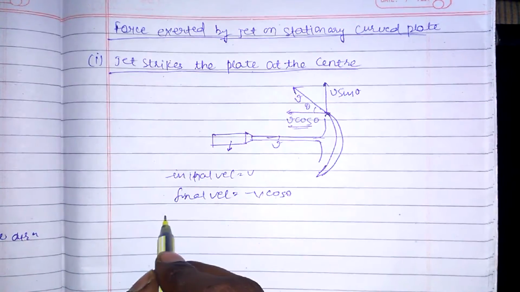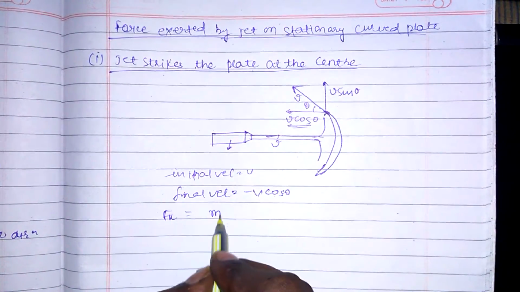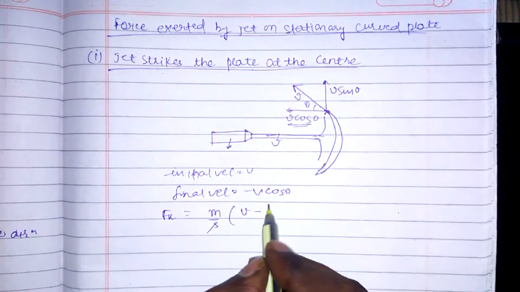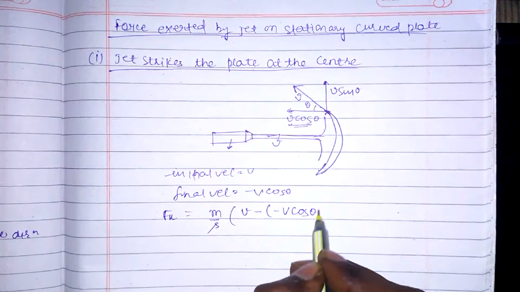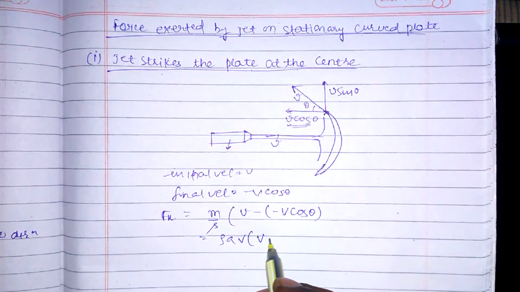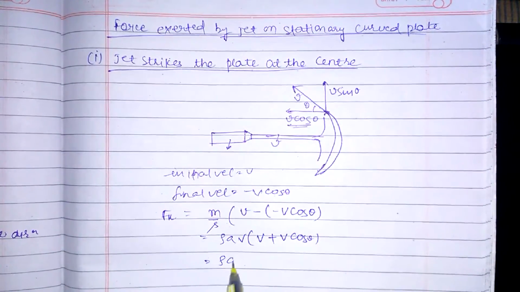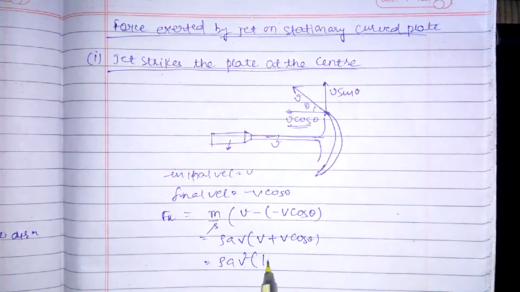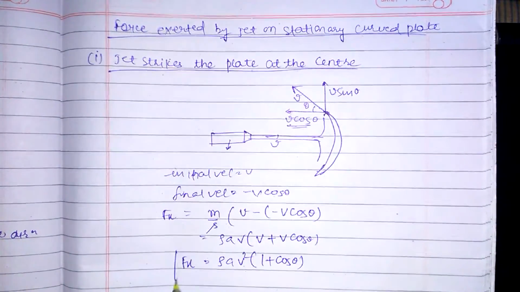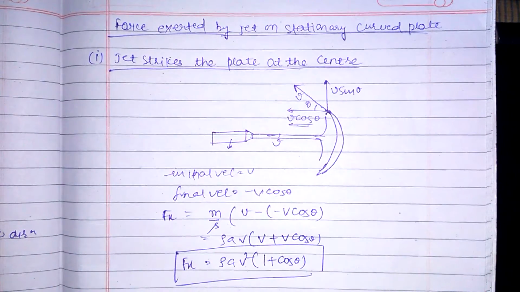Now when we find the force in x direction, it would be equal to mass per second into initial velocity v minus (minus v cos theta). So it would be rho a v times (v plus v cos theta), which equals rho a v squared (1 plus cos theta). This is the force in x direction. Similarly, we can calculate the force in y direction.